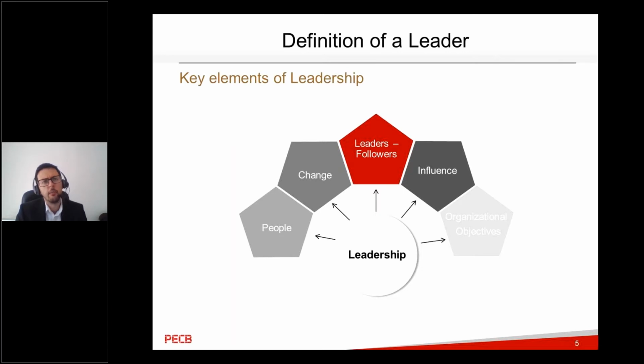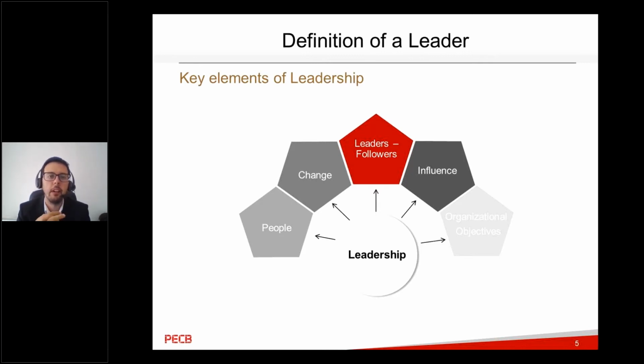But on the other hand, when we try to define a leader, we might come to some common ground, and that is when we mention the key elements of leadership. And when we discuss the key elements of leadership, we tend to analyze these 5 key elements.